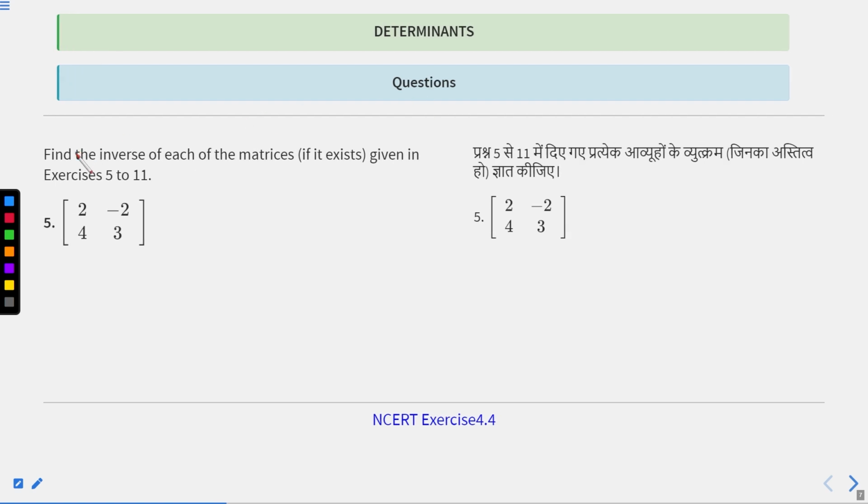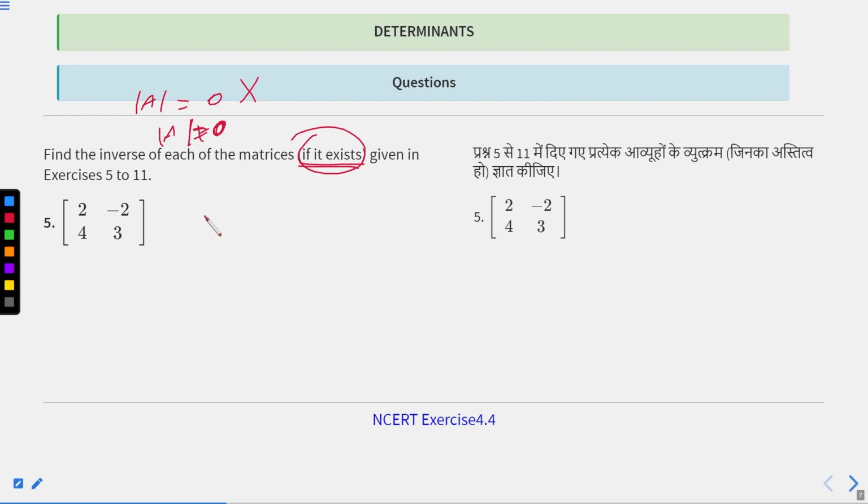Now we have to find the inverse of each of the matrices, if it exists. If it exists, it means we first have to find whether the determinant is 0 or not. If it is 0, then you cannot find the inverse, because the matrix is not invertible. If it is non-zero, then only you can find the inverse.